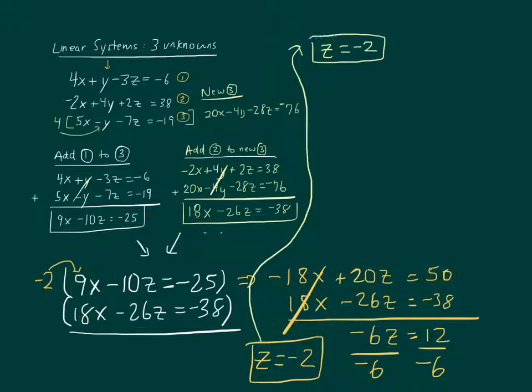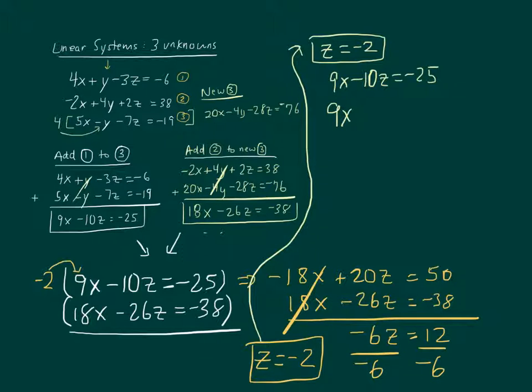I will plug this into one of my two unknown equations here, and I'll just pick the first one, doesn't matter. And what we'll do there is plug into the 9x minus 10z equals negative 25. Because if I have two unknowns and I now know one of them, I can figure out what the other one is.